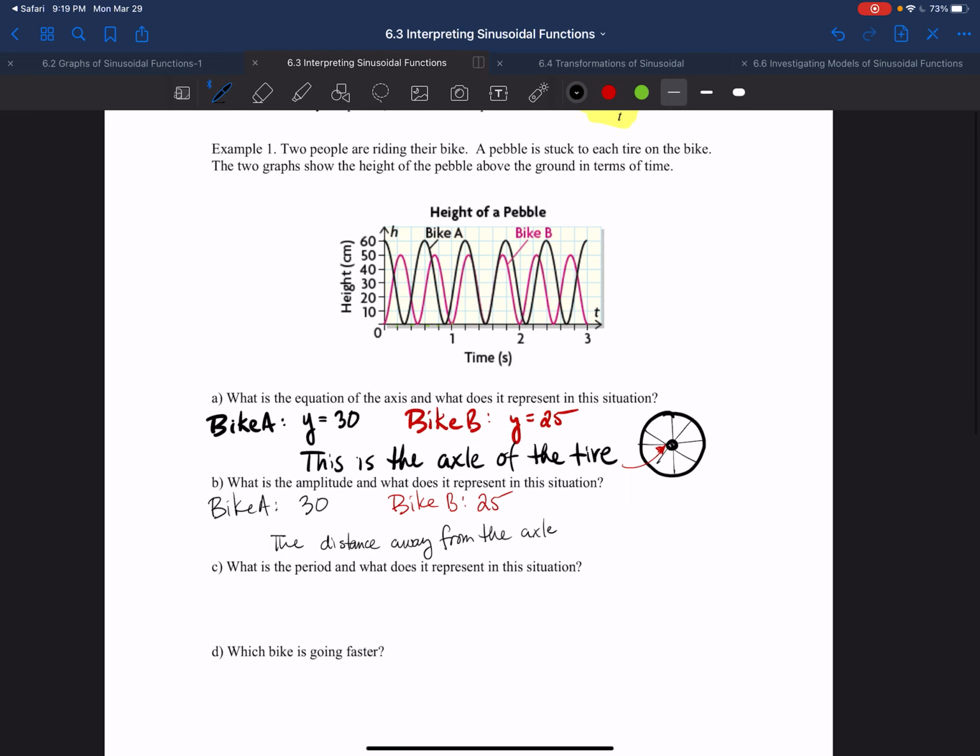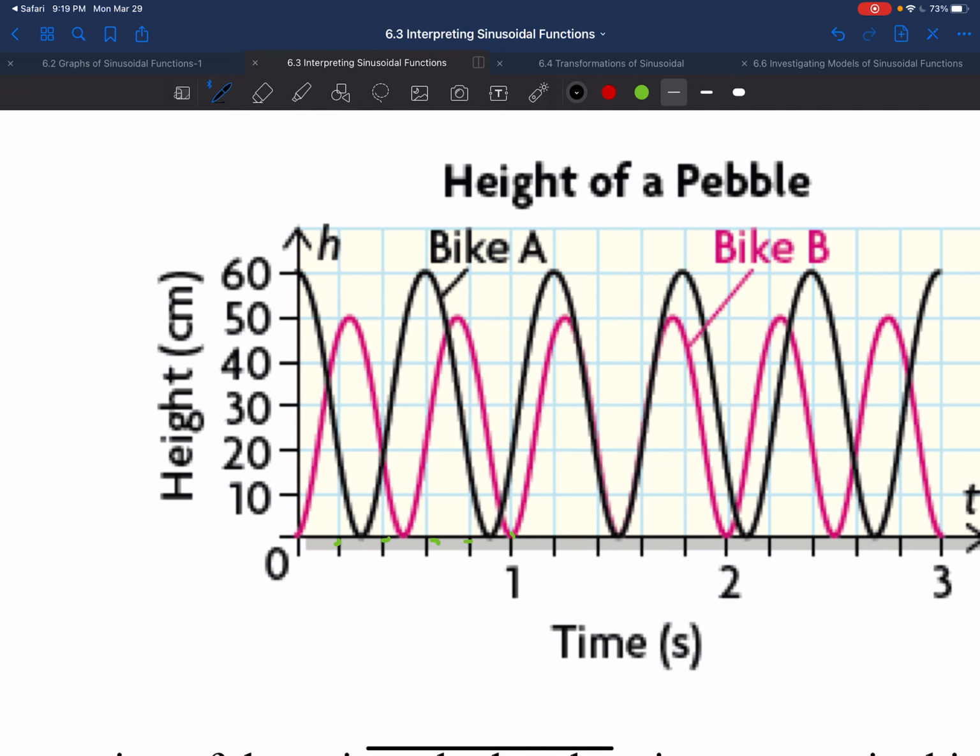So it's a little hard to tell from this graph, but if we have 5 sections, one has been changed to 5, so that would be 0.2, 0.4, 0.6, 0.8. So we look for the point that's repeating in each sinusoidal function.